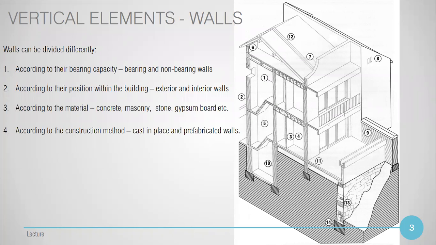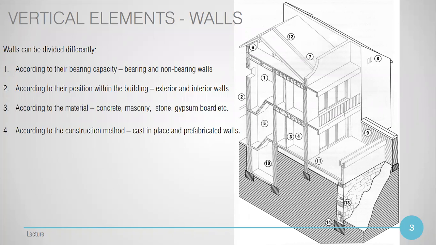Bricks also can be of various shapes, according to the durability, according to the size and so on, and the concrete materials. And the last one is according to the construction method.